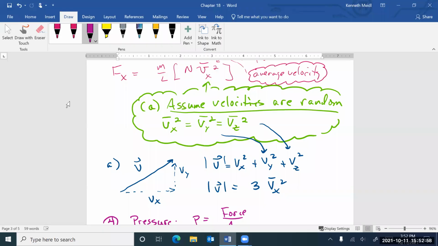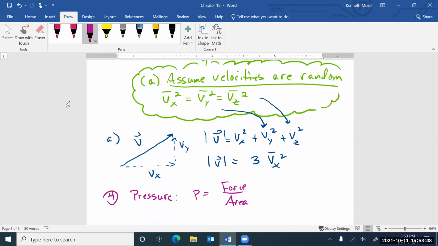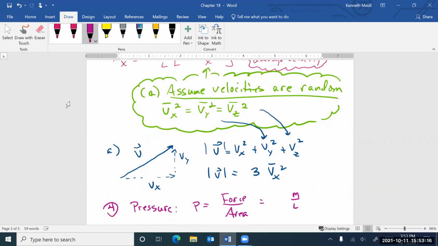I've got this M over L times how many particles I've got times this average velocity in the x direction. And so I'm just going to copy that down, that my force is this M per L. It's not something I would have memorized or anything like that at all.